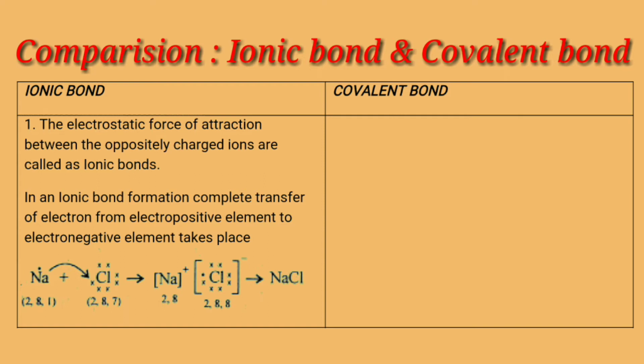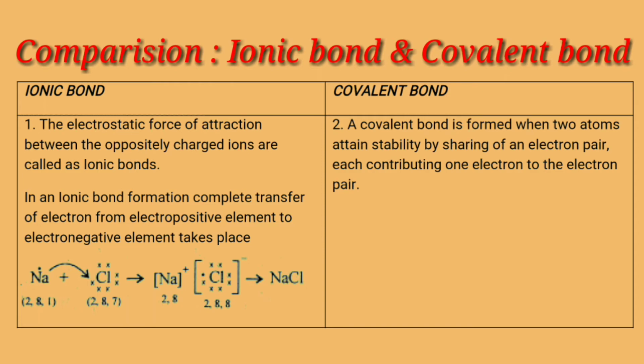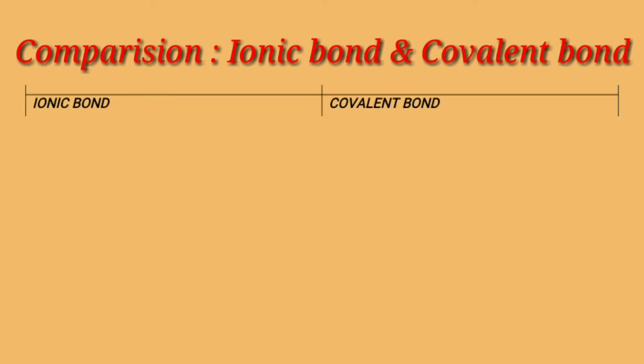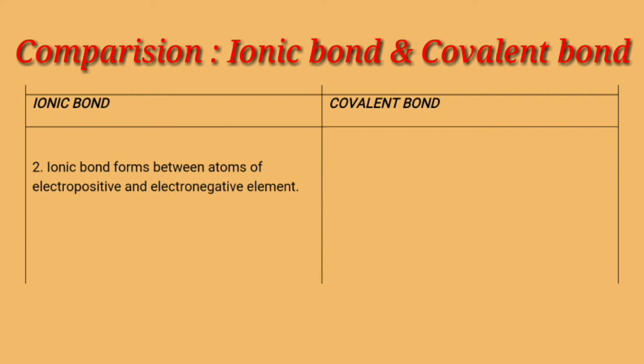On the other hand, a covalent bond is formed when two atoms attain stability by sharing of an electron pair, each contributing one electron to the electron pair. For example, hydrogen molecule. Ionic bond forms between atoms of electropositive element and electronegative element.